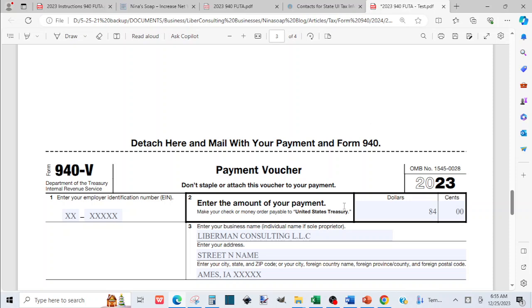Because the check and the voucher are small paper, I want that in a smaller envelope, and then I'll put it in the bigger envelope where the 940 is. That way it's not like loose paper moving around in the bigger envelope. But that's just food for thought.